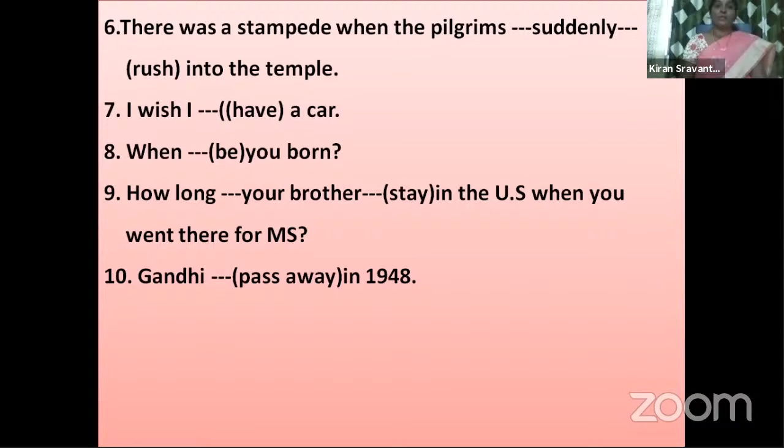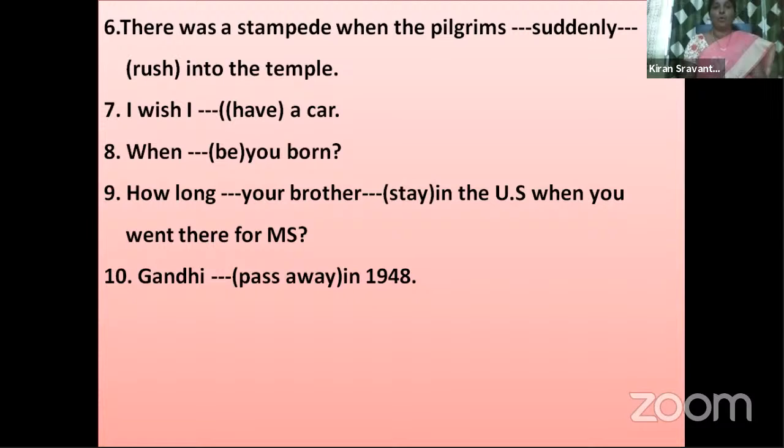So coming to the seventh one, for the imaginary conditions, when the things or situations or events are literally impossible to occur in the real-time situation, or when we think that it is beyond, then we can say, I wish I had a car. Then the eighth one: when were you born? With "you," we use the be form in past tense, "were."